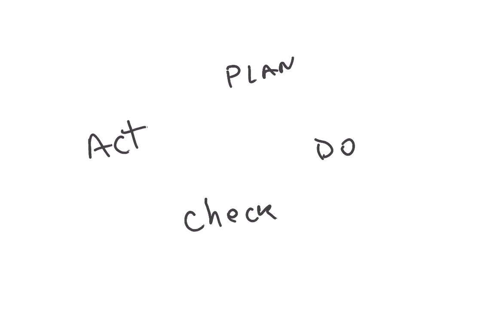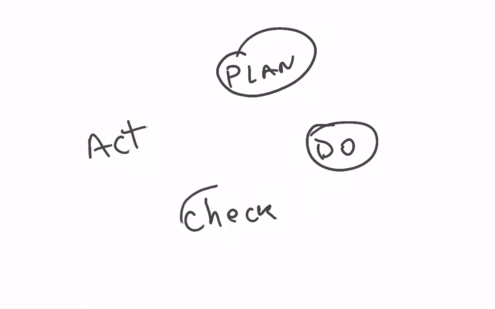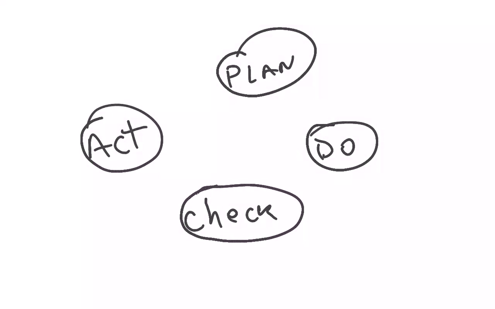Some of you may already be familiar with this. However, you may not know all the activities that go in each of these buckets, in each of these parts of the Deming cycle: plan, do, check, and act.